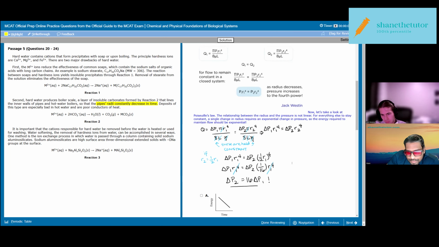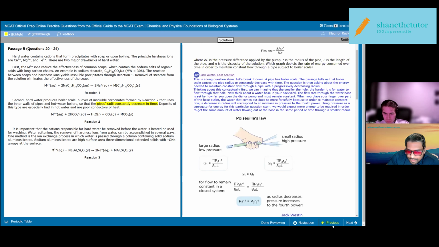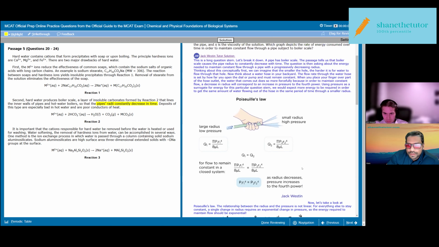Wait, go up. I want to see where they get the energy term from. Using pressure as a surrogate for energy.